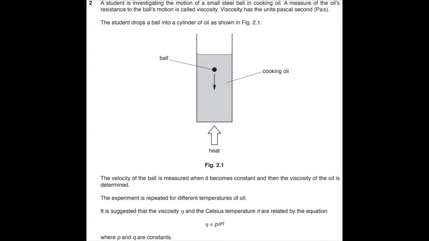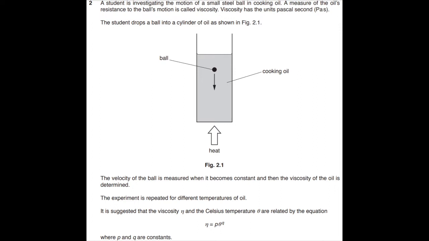A measure of the oil's resistance to the ball's motion is called viscosity. Viscosity has the units of Pascal second. Then the student drops a ball into a cylinder of oil as shown in figure 2.1. The velocity of the ball is measured when it becomes constant, and then the viscosity of the oil is determined. The experiment is repeated for different temperatures of oil.